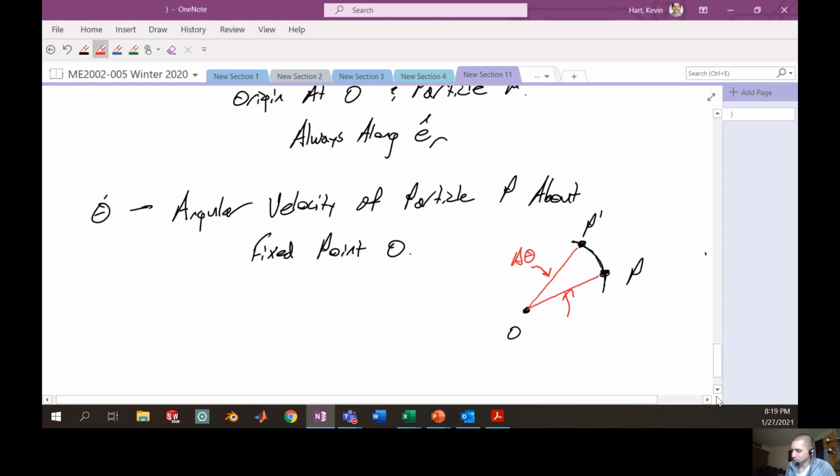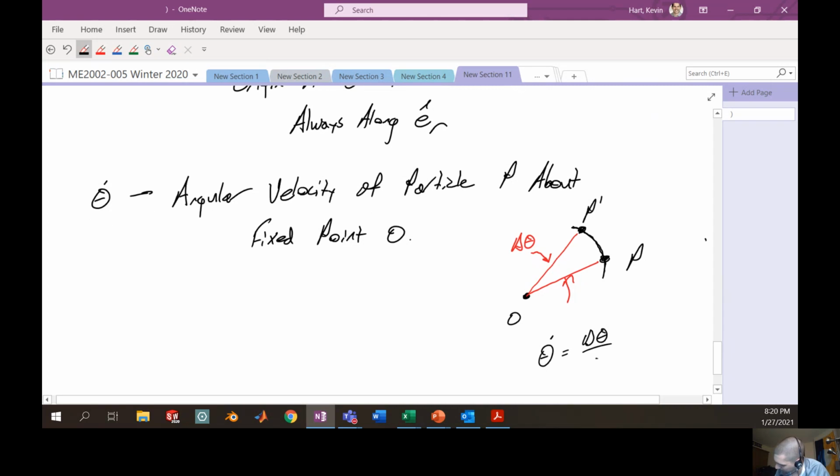Well, the angular velocity would just be how long it took me to sweep through that angle delta theta in some time interval delta t. So theta dot is basically how long it took me to change my angle theta over some time interval delta t, or in differential form, d theta dt.